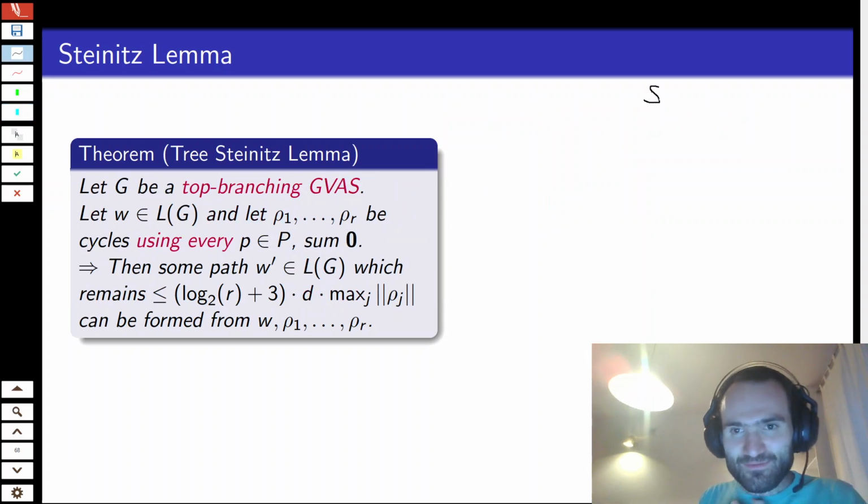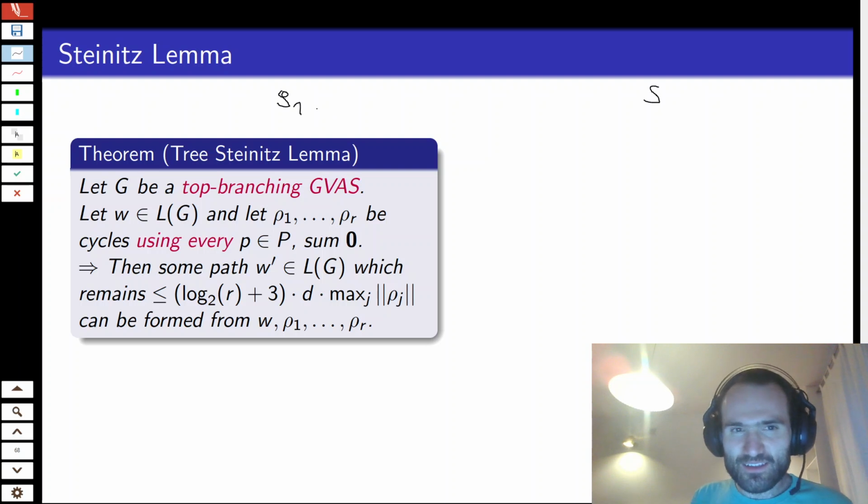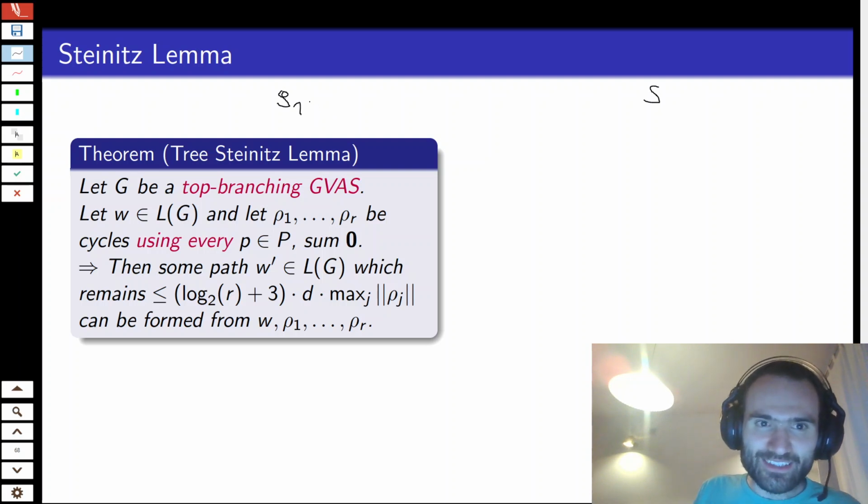Okay, so we have S. And what are we going to do? Okay, so we have a cycle rho 1, and it uses every production. So in particular, it uses something that leaves the top SEC. Well, if it does this, then we can actually make rho 1 into a cycle that looks like this. It's a cycle on the starting non-terminal.